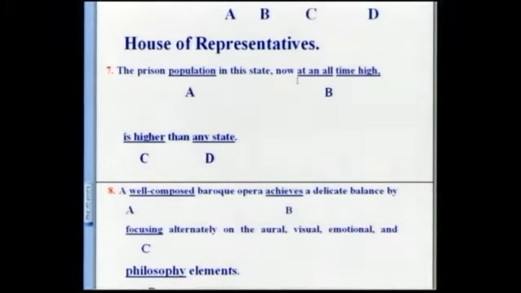So the correct version is: the prison population in this state, now at an all-time high, is higher than it is at any state. Then I'm talking about the prison population being higher than it is at any state. So the mistake is in this part.